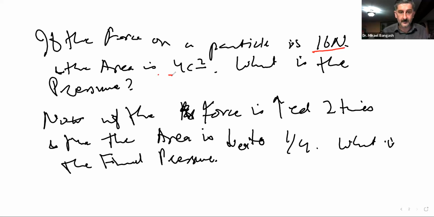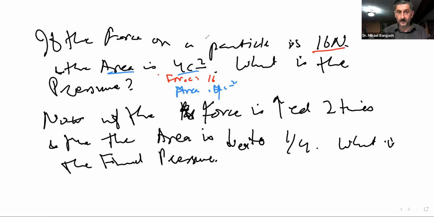The force is given, which is 16, and the area as well is 4 centimeters. Don't go by the square and so on, that's just going to be the unit of area. There's no multiplication or so on applied here.